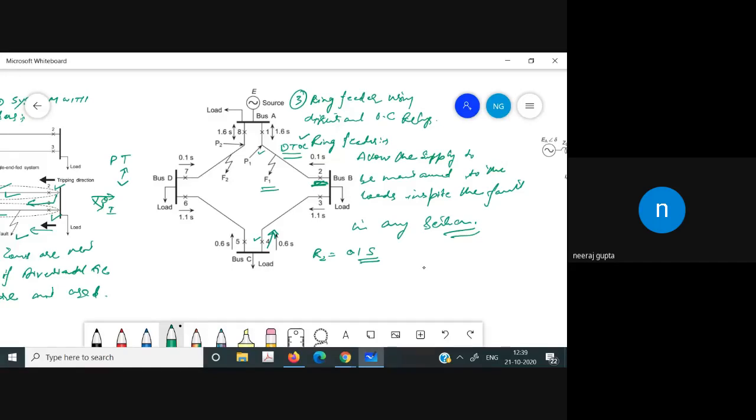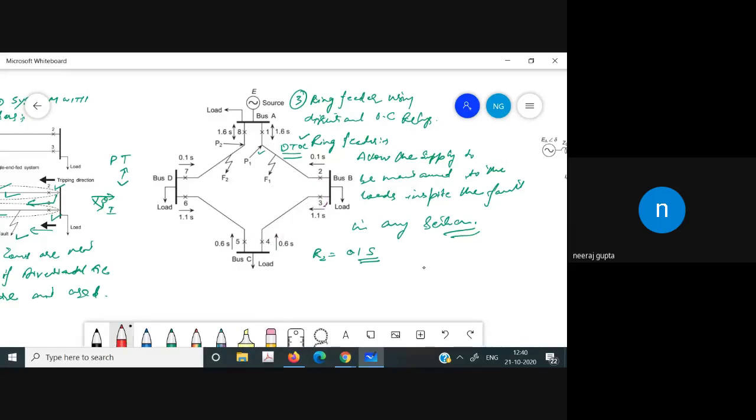Otherwise, if you take the case of 3, when the fault takes place at F1, the power is flowing towards the bus from this 3, so it will not trip, it will restrain. So we have to take into consideration that for the trip in a directional relay, the power must flow away from the bus.